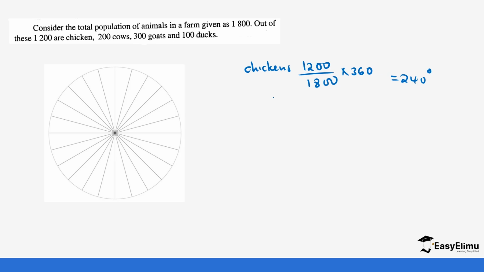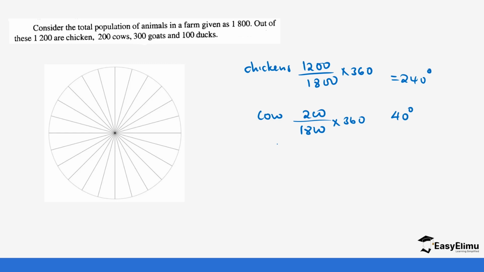And then cows will be 200 over the original, which is 1800, times 360. So 200 divided by 1800 gives us 0.1111. If you multiply this by 360, you get 40 degrees.